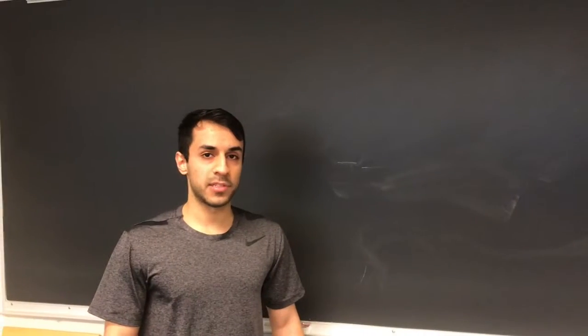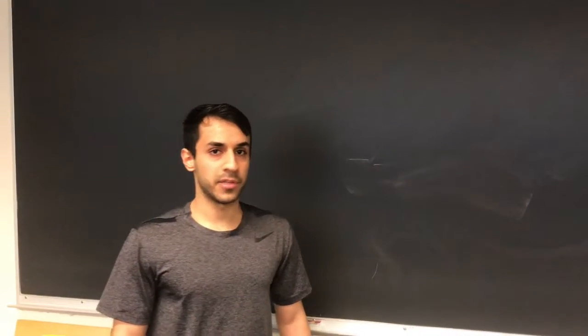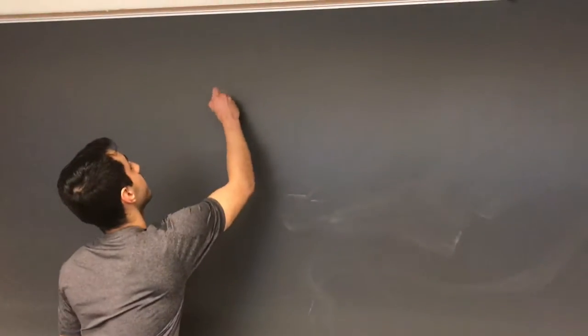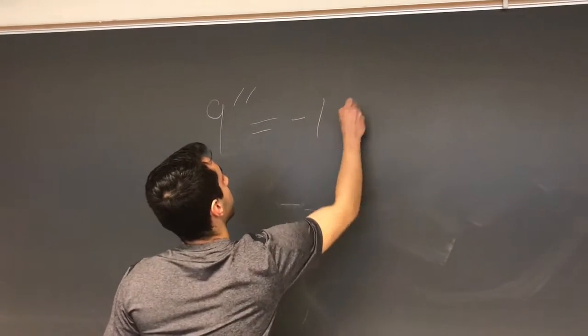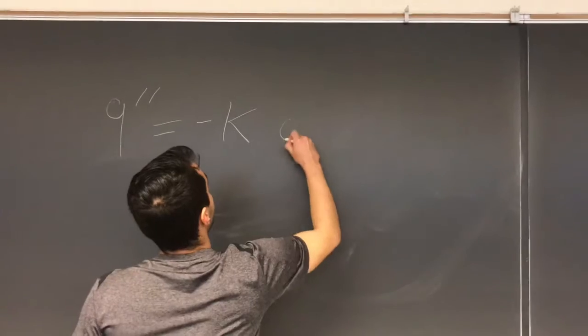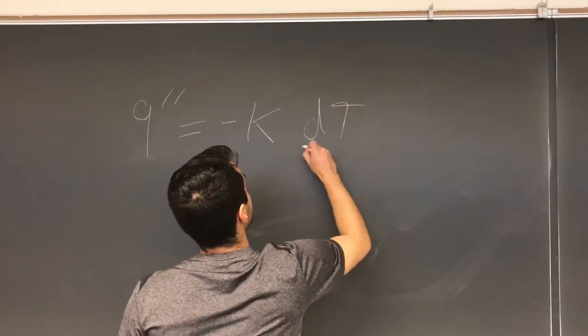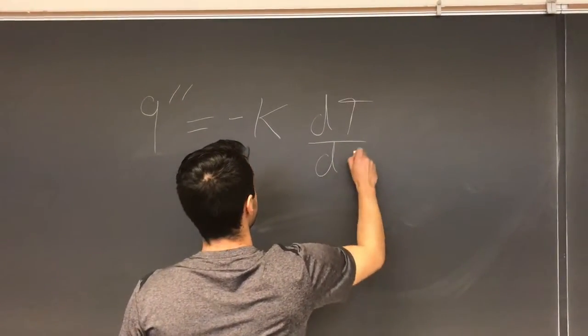To find the heat flux through a pan, we could just use Fourier's law, which states that the heat flux is equal to the negative thermal conductivity multiplied by the temperature gradient divided by the distance or thickness.